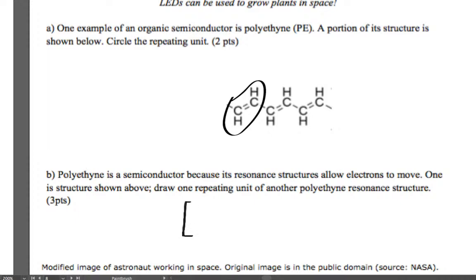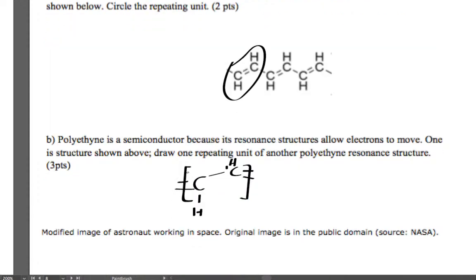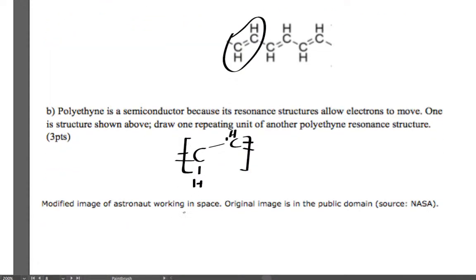That's carbon, carbon, hydrogen, hydrogen, and then this one has this double bond here instead, which gives it this resonance structure, because it can just change from one form to another.